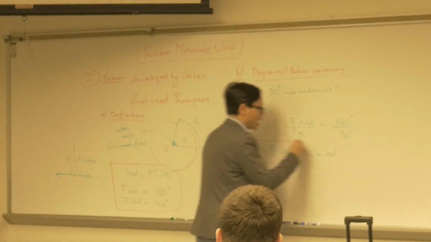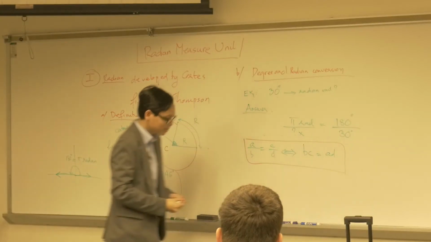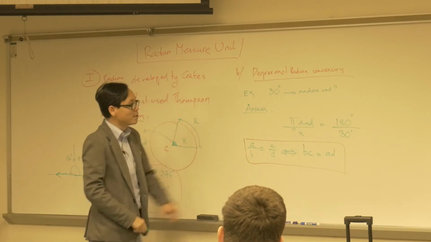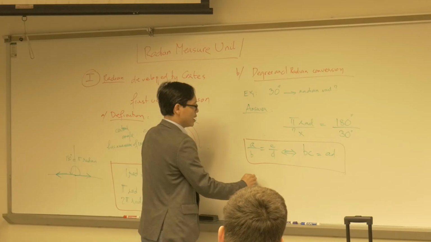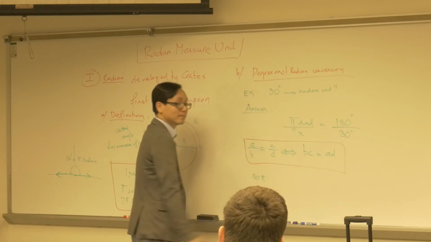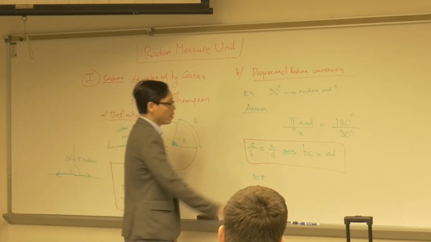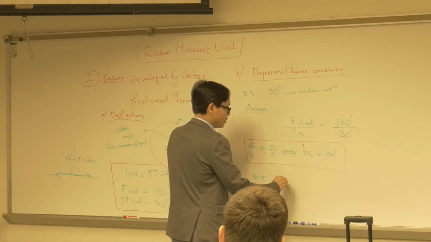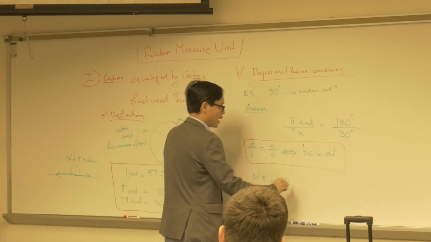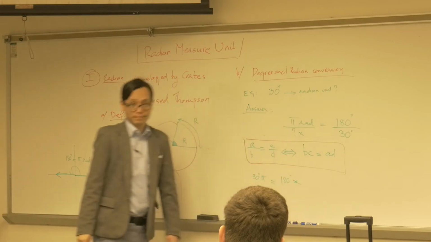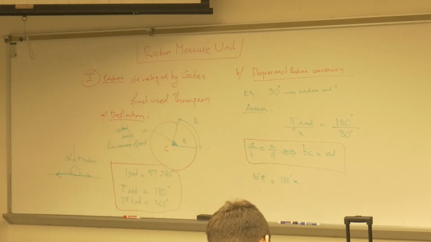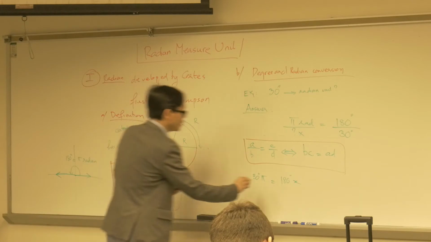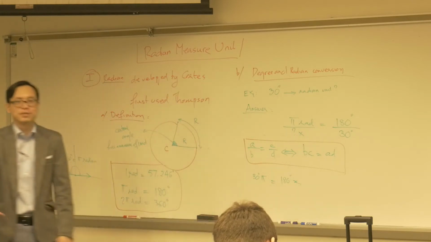So we're going to apply this concept here. We're going to cross multiply. So what do we have? I'm going to have 30 pi equals 180 x. Actually, 30 pi radian, but you don't have to put radian because it's just a unit.